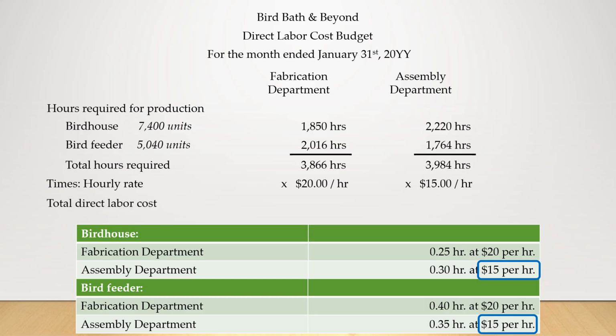The total direct labor costs will be $77,320 for fabrication and $59,760 for assembly. The total direct labor cost, $137,080.